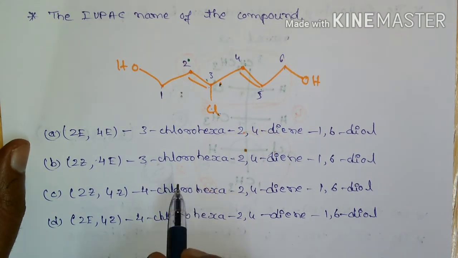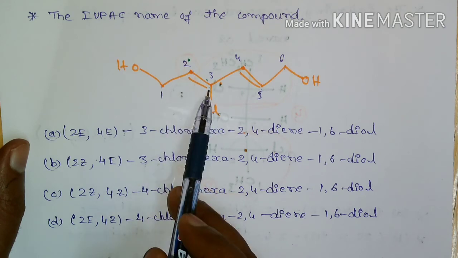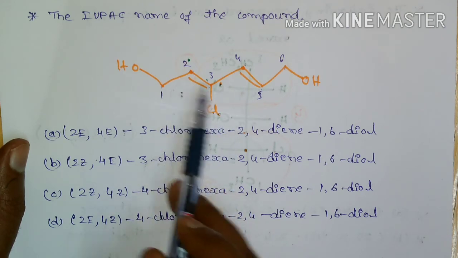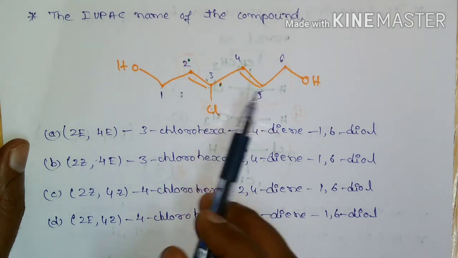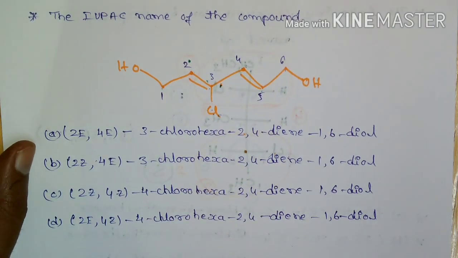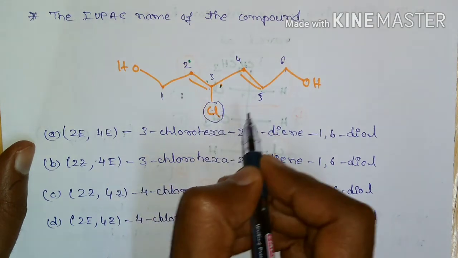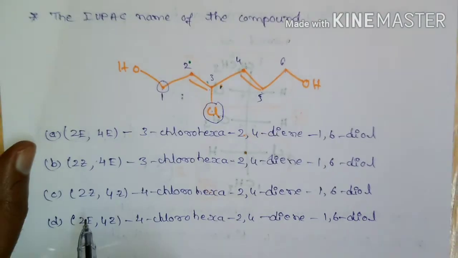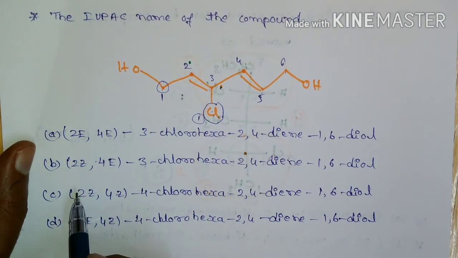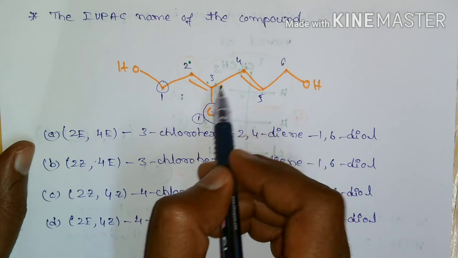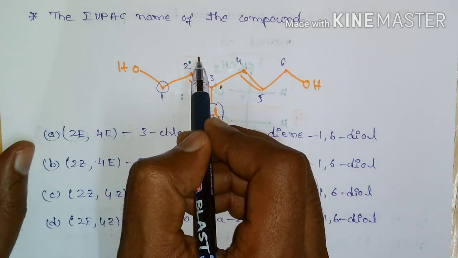Now I need to identify whether this double bond has E or Z configuration. If I look at the atomic number of this chloro and this CH2, this is going to take first priority, then this is second, this is third and fourth.